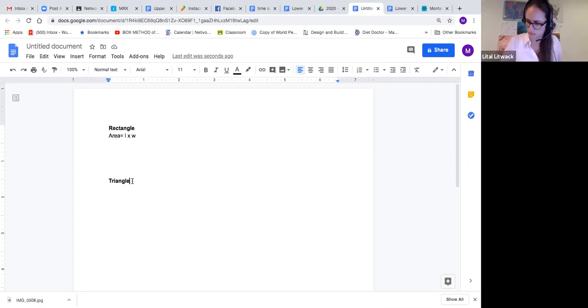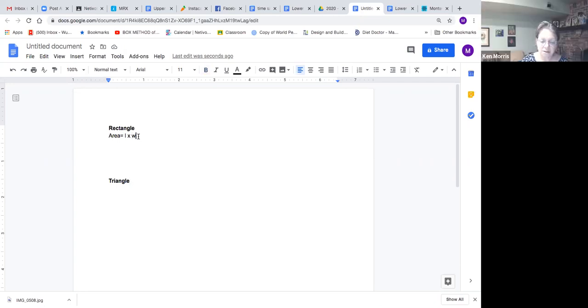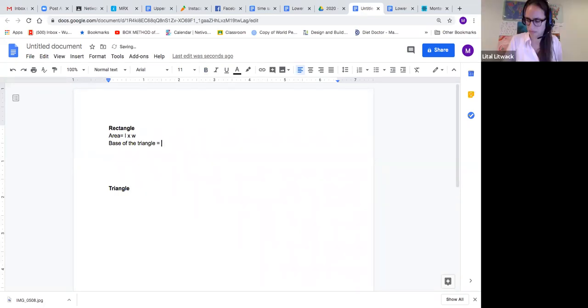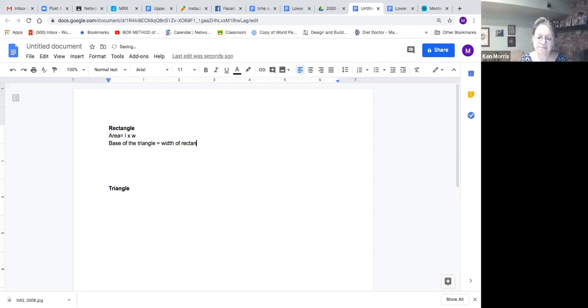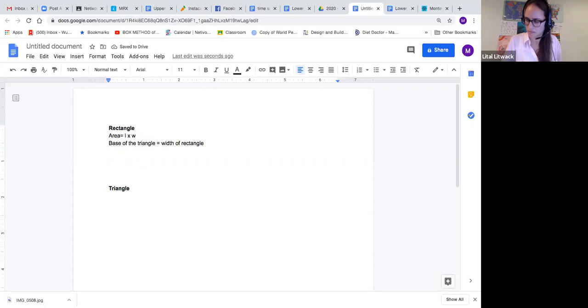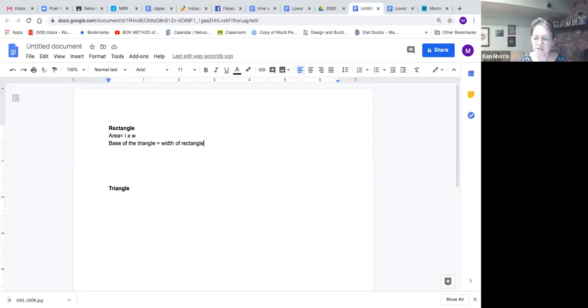Okay, so what else have we learned about the relationship between these things? We can say that the base of the triangle equals the width of the rectangle, right? We showed that. And again, I'll share this on Google Classroom, so you don't necessarily need to copy it.